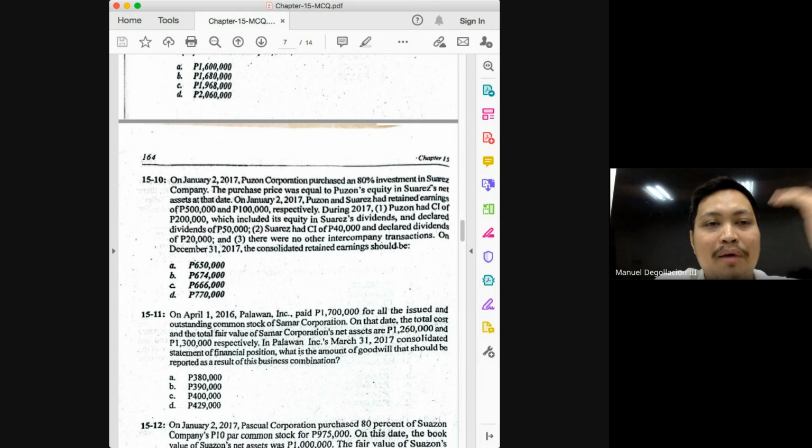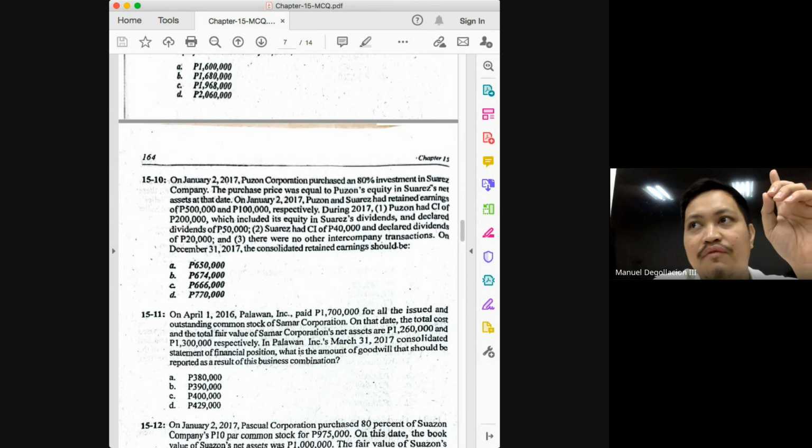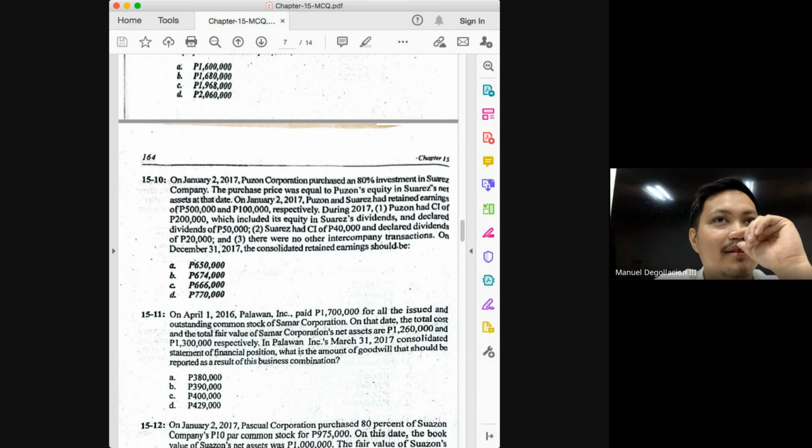It just so happens that everything starts at the date of acquisition. And on the date of acquisition, the beginning RE of the consolidated entity will just be the RE of the parent. Okay, but starting now, I want you to grow accustomed to calling this the RE of the consolidated entity. But again, they will just be the same as of the date of acquisition.